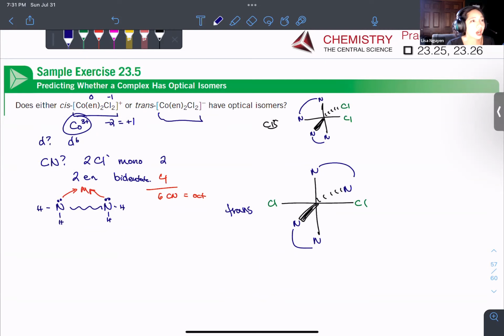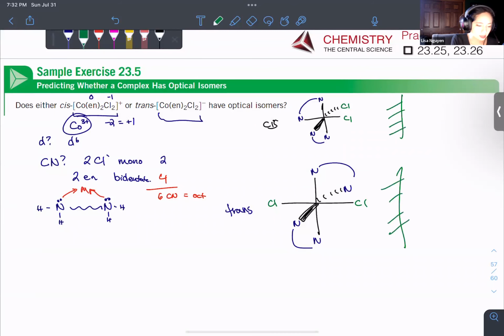So I've drawn the cis and trans version. So now the question is, do either of these have optical isomers? Meaning, do any of them have non-superimposable mirror images? So the best thing to do is draw their mirror images and see if I draw the mirror image, are they the same molecule or not? Meaning, are they superimposable? So the strategy here is, when you draw the trans version, how would that look?